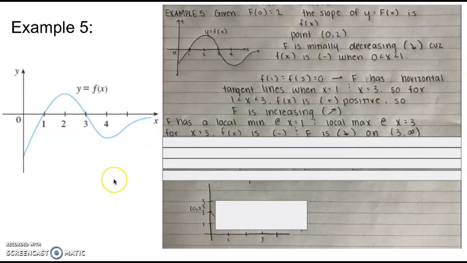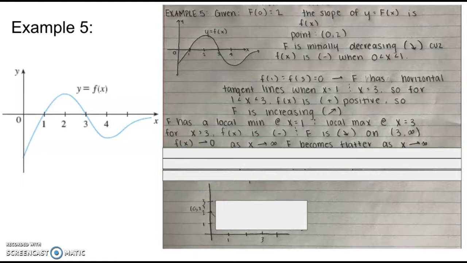For x greater than 3, f of x is negative, so capital F is decreasing. If we were to write an interval, it'd be 3 to infinity. Since f of x is approaching 0 as x approaches infinity, the graph of capital F becomes flatter as x goes to infinity.